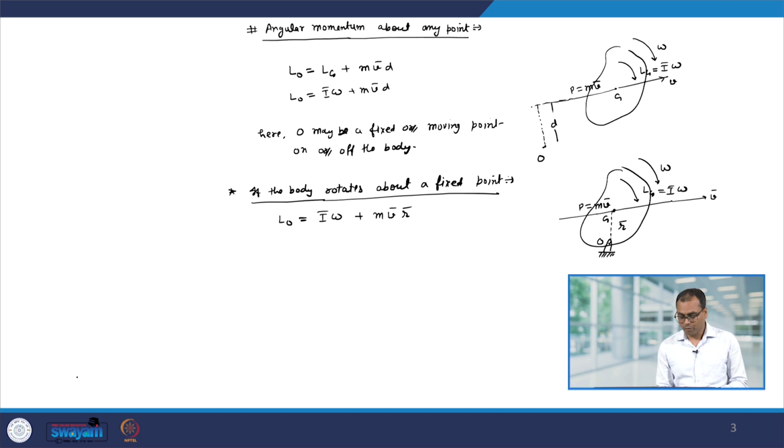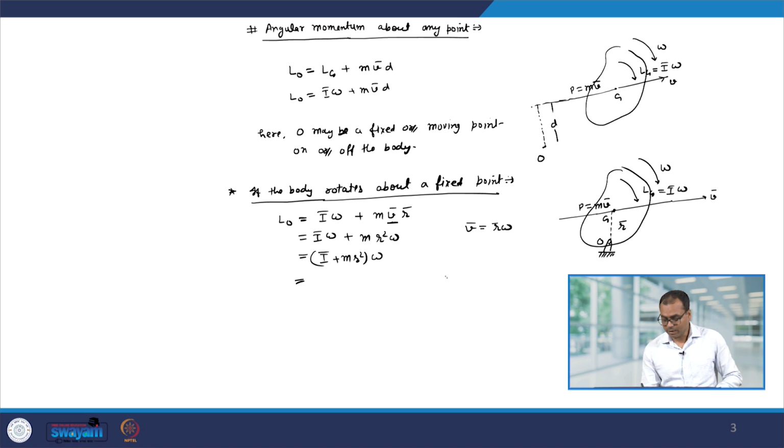Now, we know that because this is a fixed axis rotation, v equal to r omega. So, L_O will be I bar omega plus m r times r omega, so m r squared into omega, or omega is common. So, I can take I bar plus m r squared into omega.